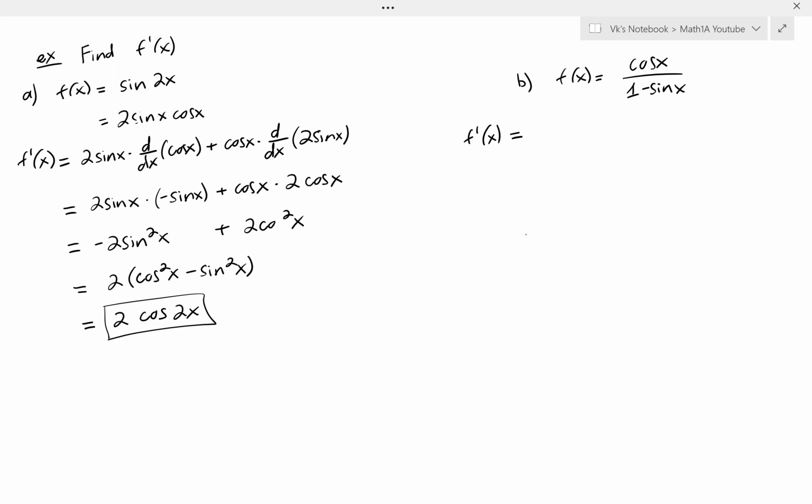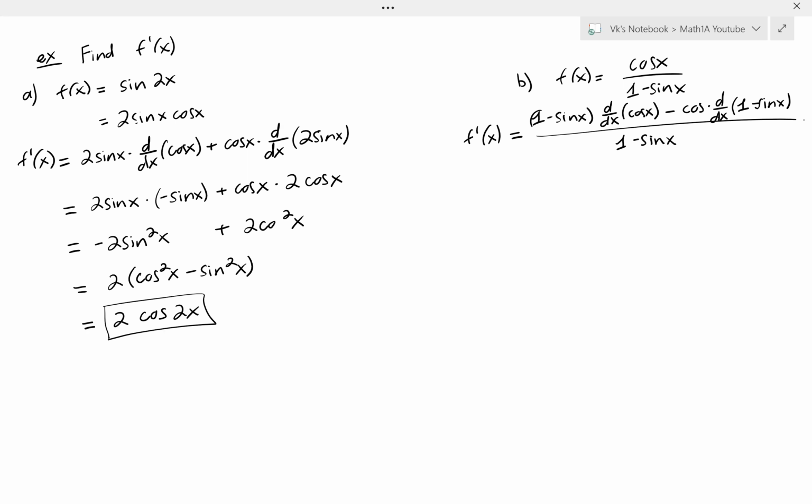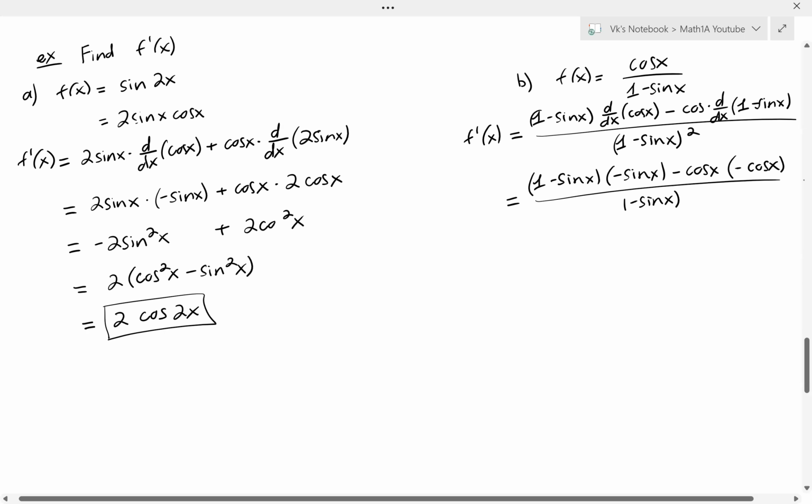I use the quotient rule, low d high: 1 minus sine x multiplied to the derivative of cosine x, minus high, cosine x, multiplied to the derivative of 1 minus sine x, over (1 minus sine x) square. 1 minus sine x multiplied to negative sine x, minus cosine x multiplied to negative cosine x, over (1 minus sine x) square.